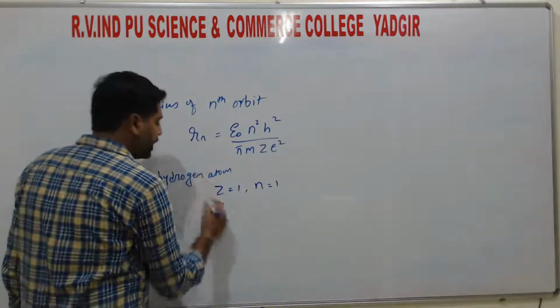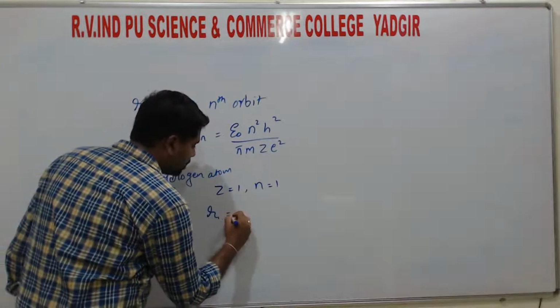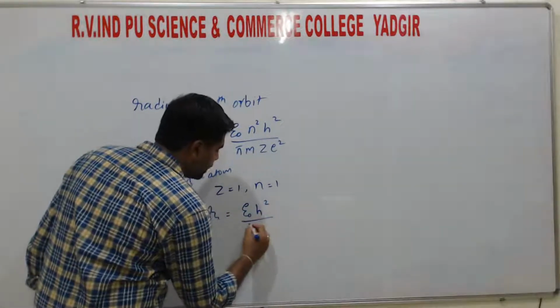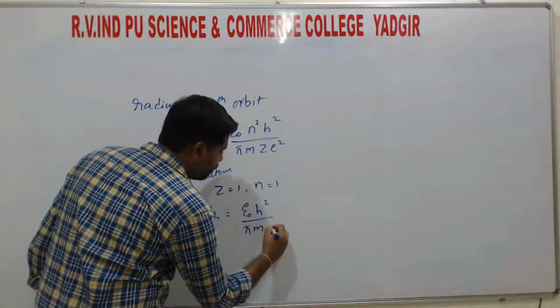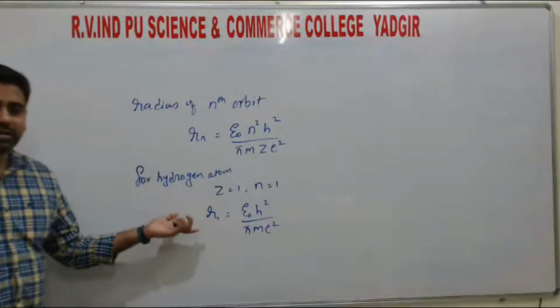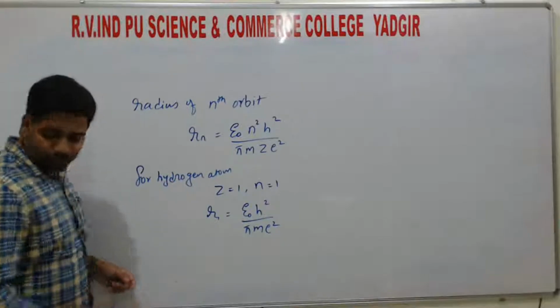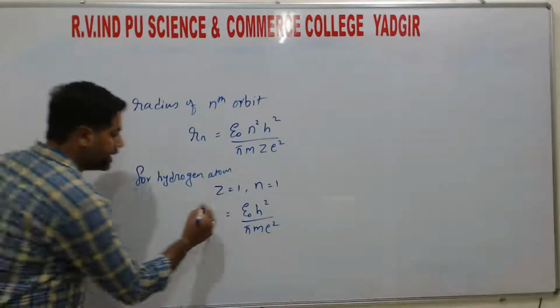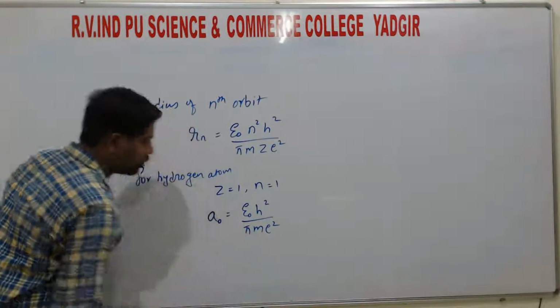Right? So we get R1 equal to epsilon naught h square divided by pi m e square, and we call this radius the Bohr's radius, and they denote it by a naught.